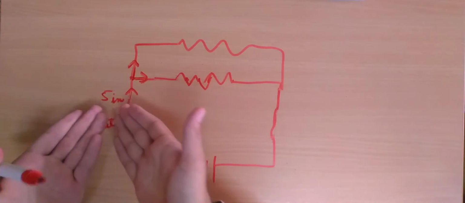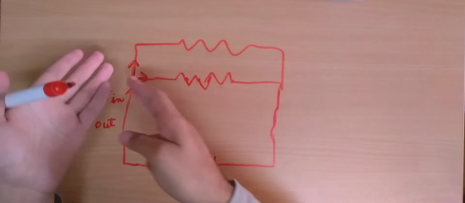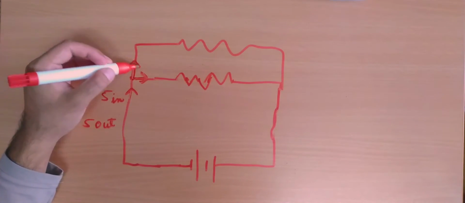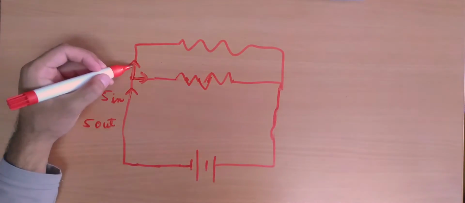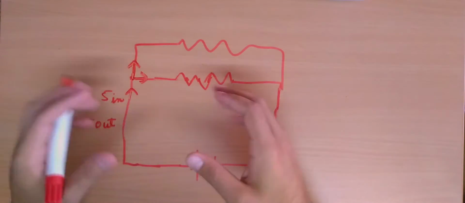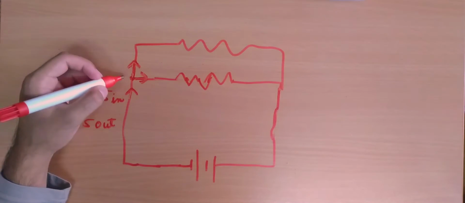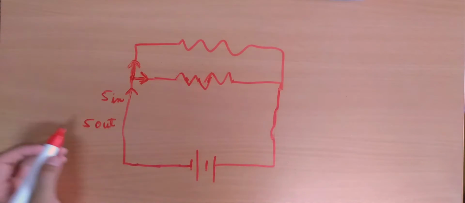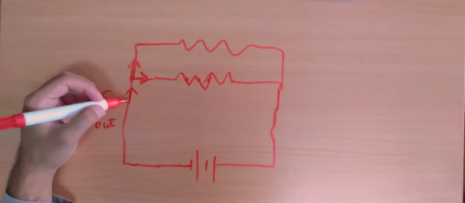If 5 amperes of current goes in, 5 amperes of current has to come out either this way or that way. So in total, the total amount of current that comes out has to be 5 amperes, because current has nowhere else to go. There is no magic leakage here, and it has to come out either this way or that way. So that is something that we can understand through our common sense.